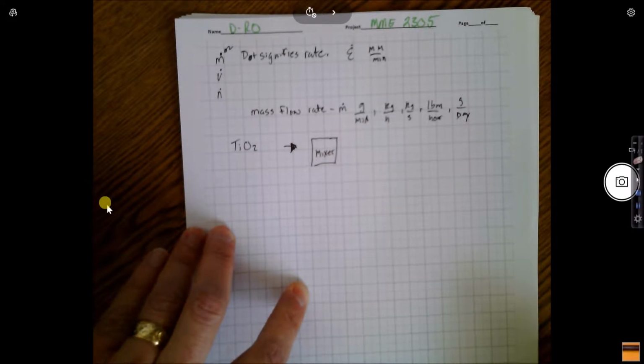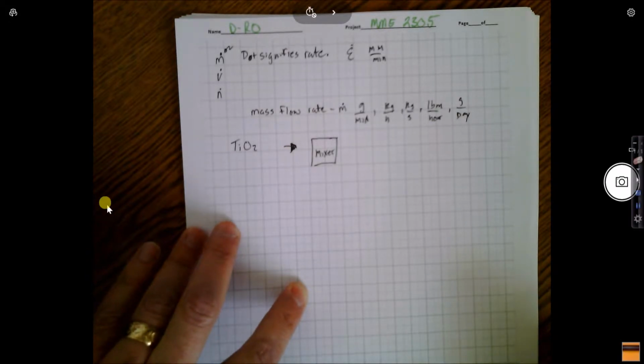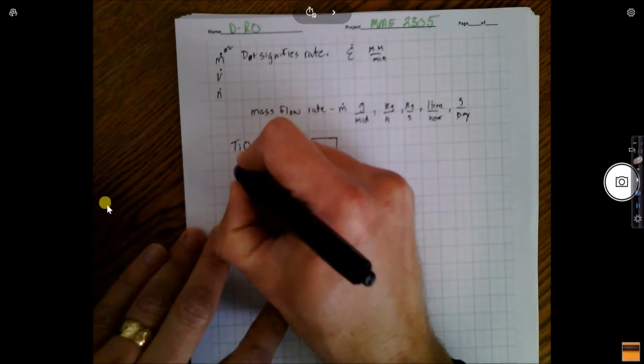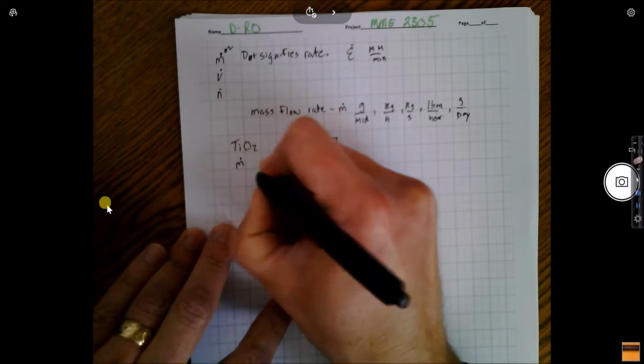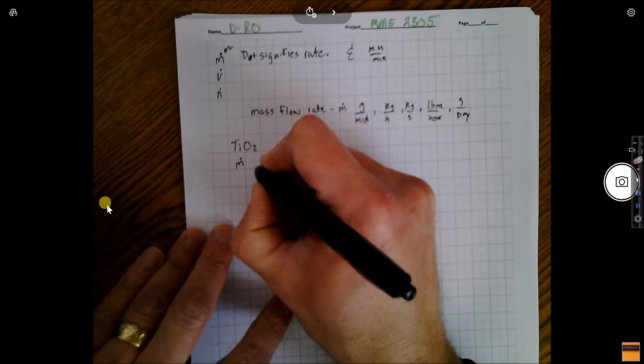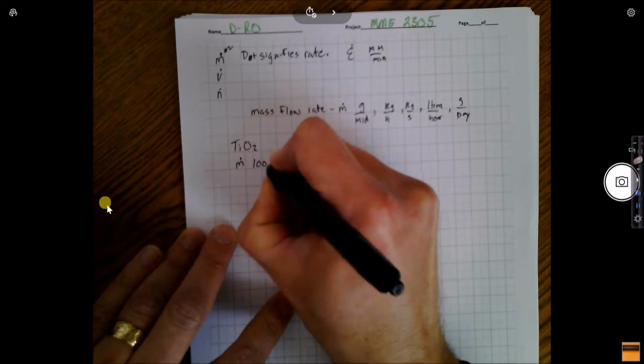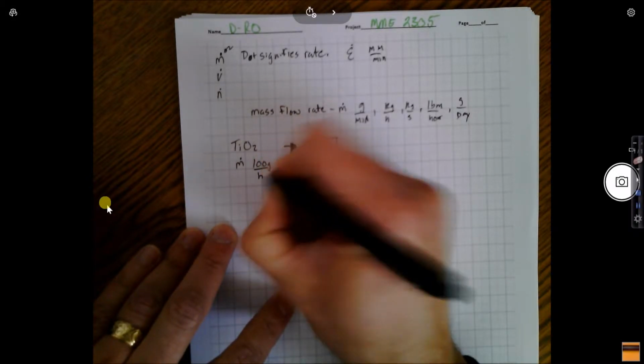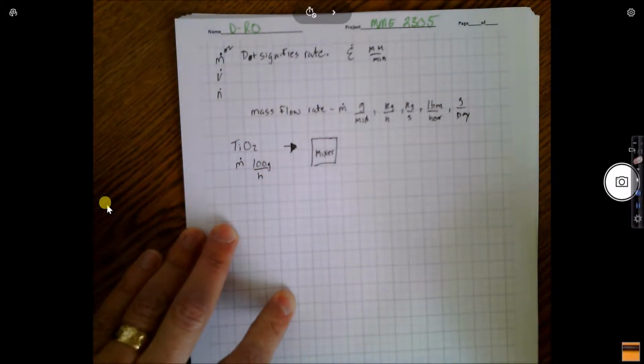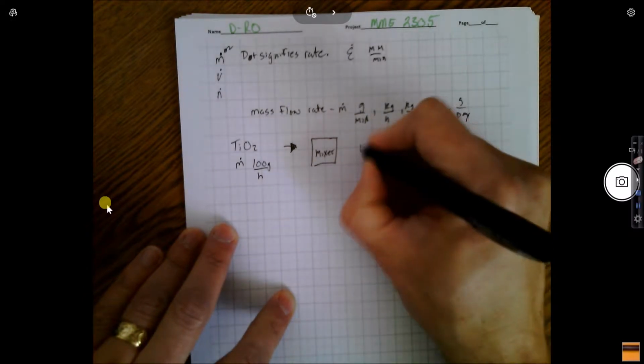If you take an air sample in a general neighborhood, you're more than likely to find titanium dioxide in your air sample. If you did that in the 1960s, you would actually find lead oxide, which is a little concerning. Okay, so we have titanium dioxide, and we have a mass flow rate, M. Let's just say we have a mass flow rate of 100 grams per hour, and we're asked to find the volumetric flow rate.